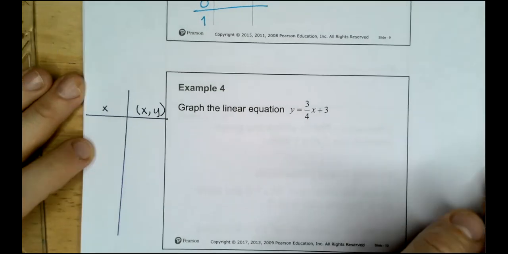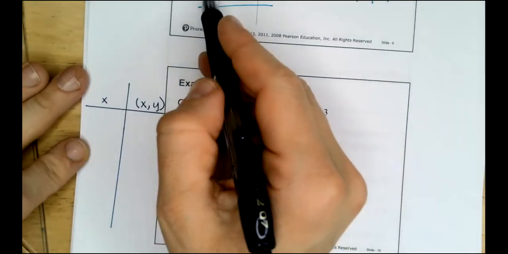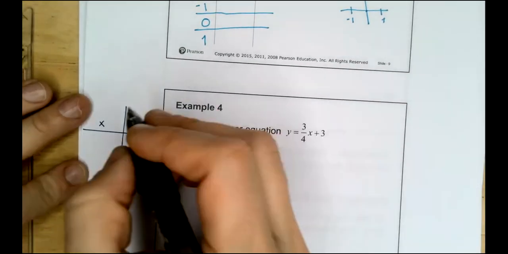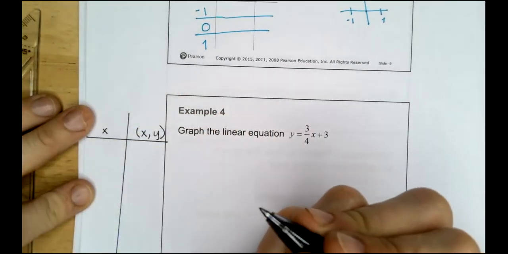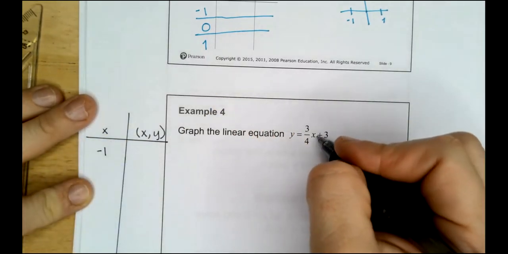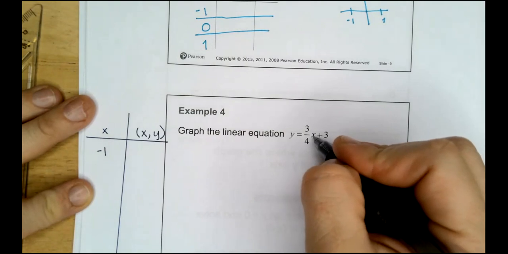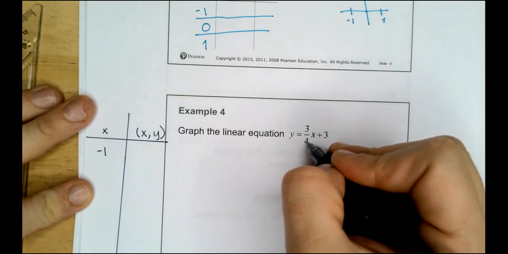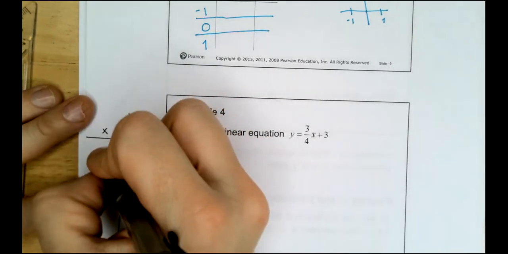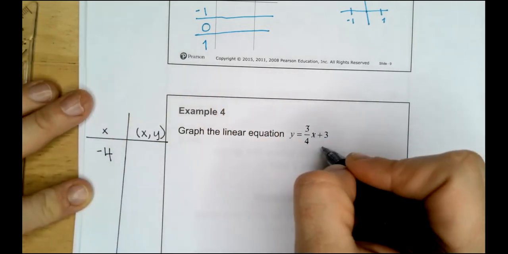Okay, so I said I liked -1, 0, and 1. So when x is -1, and if you don't like -1 because you don't like fractions, you can say I want x to be 4, and then 3 times 4 divided by 4 just leaves me with 3, right? So instead of -1, we can say it's -4.